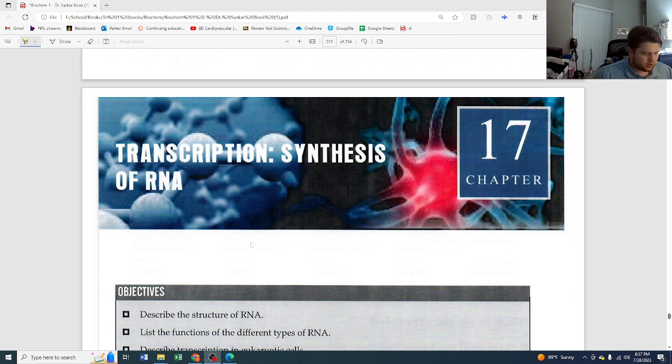If you recall, in the previous chapter we talked all about DNA and RNA, what makes them up, as well as the replication of DNA itself, and how it's wrapped around the histones, and how we need to acetylate or methylate different parts of the DNA and the histones in order to express or repress specific genes.